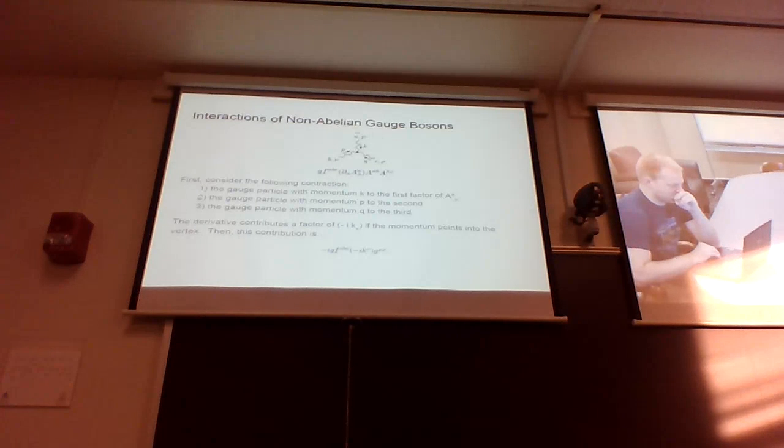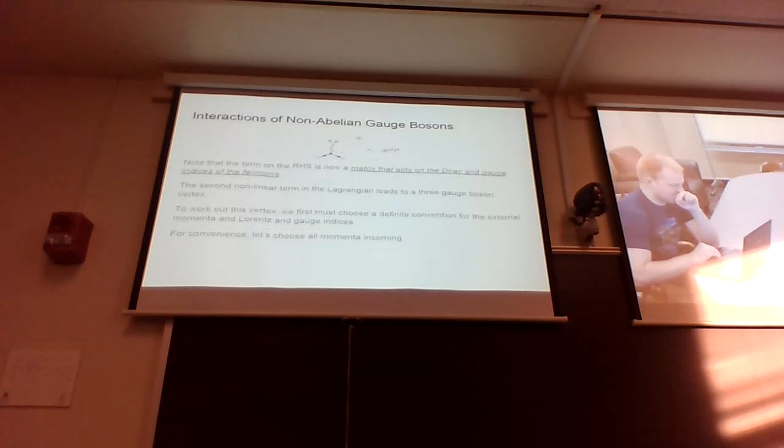You could define one of them going out, and you'd have some minus signs different from what I'll get. And then I've also chosen a convention for the Lorentz indices, mu, nu, rho, and the gauge indices.